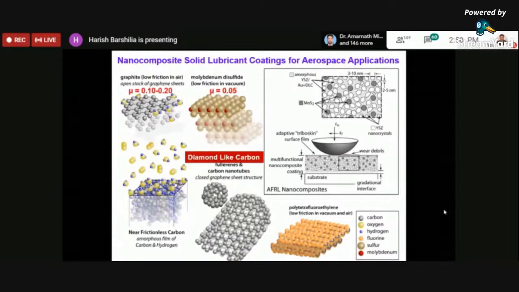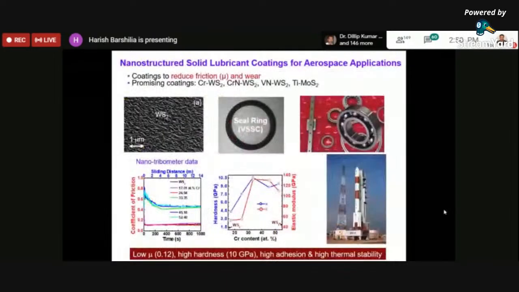So now the problem is that, for example, in the next slide you will see a typical rocket which is being launched from ISRO. There are certain bearings which are getting exposed to not only the atmospheric conditions but also the outer atmospheric conditions, that is the space conditions.